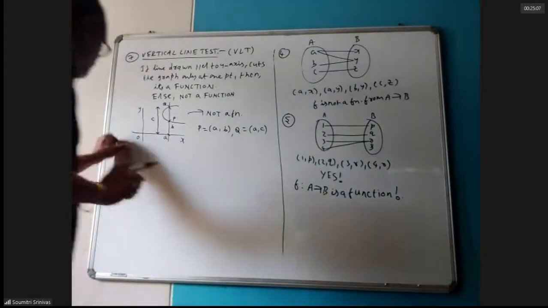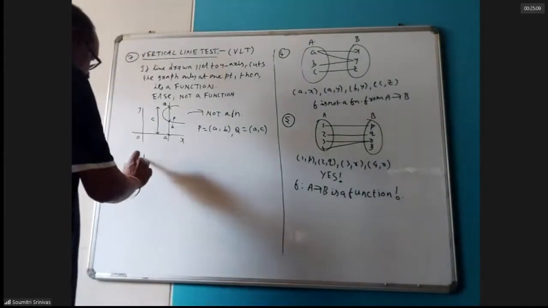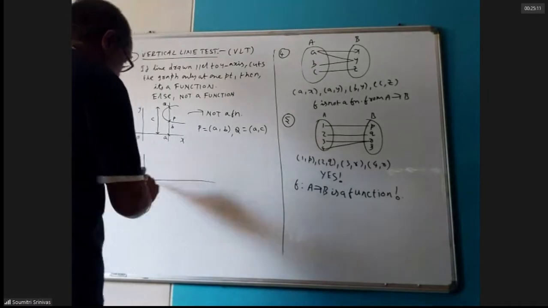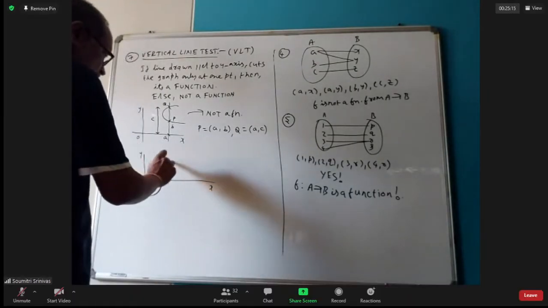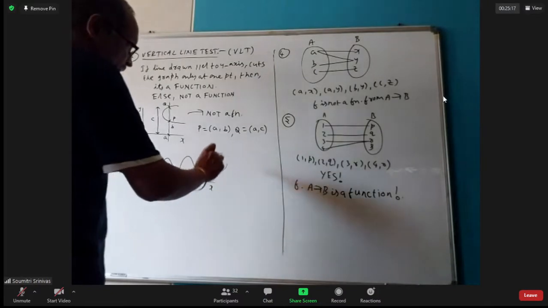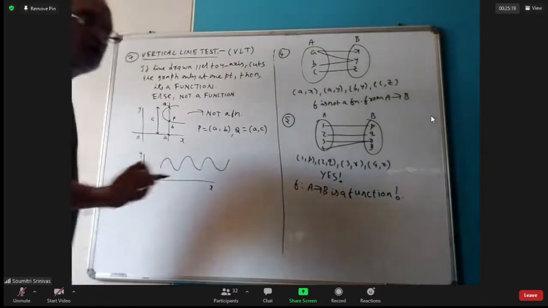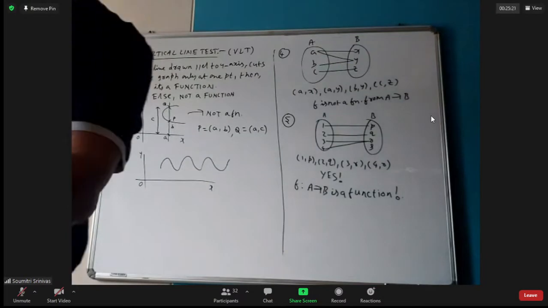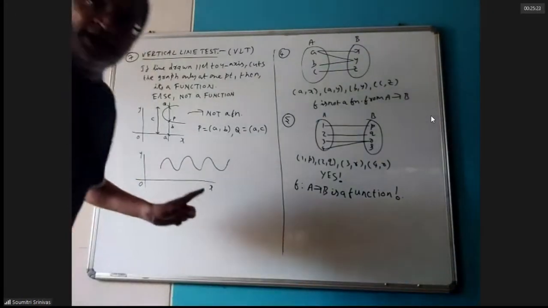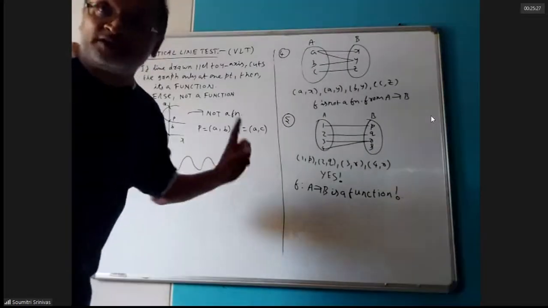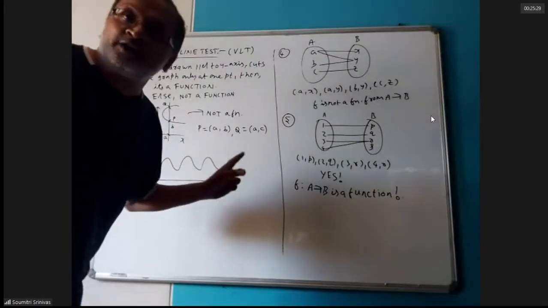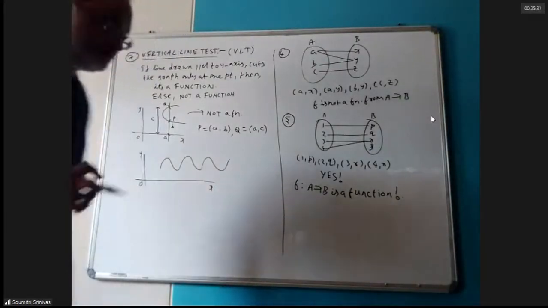One more example. Look at this. What is this? Our old friend, our dear old friend. The sine curve and the cos curve look like this.